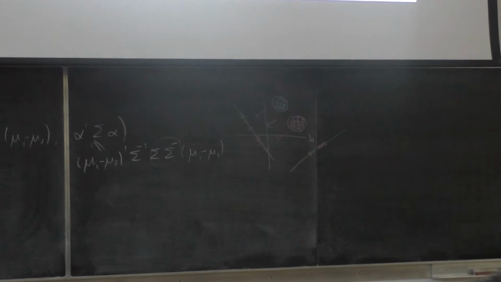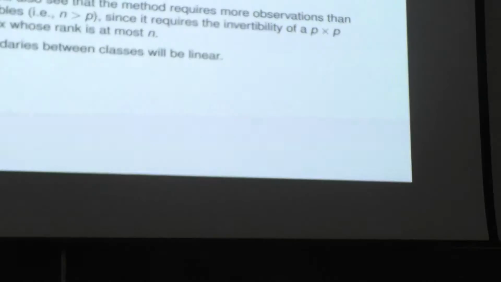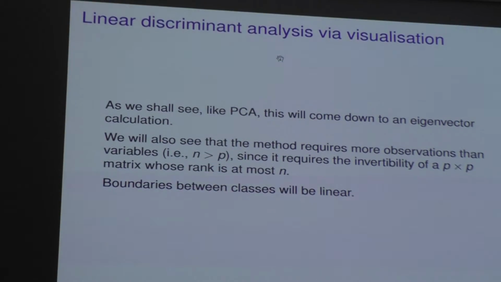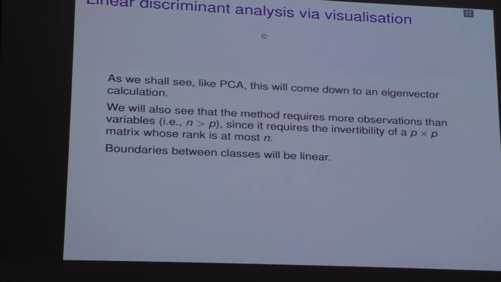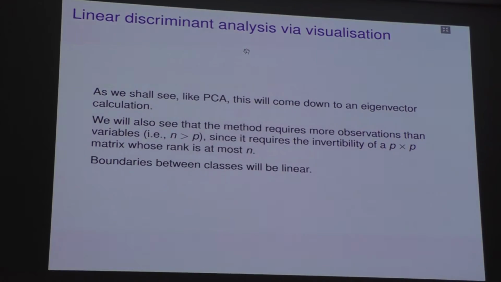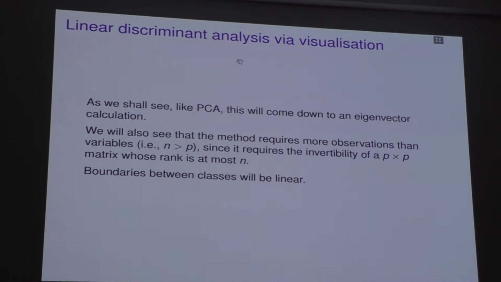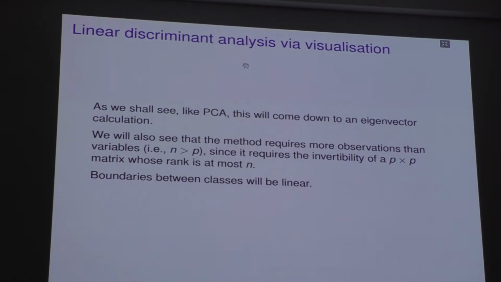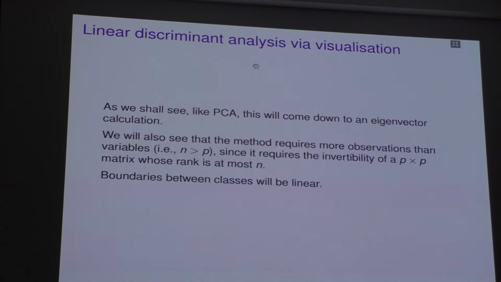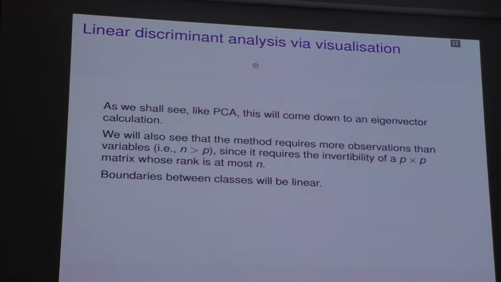So, unlike a PCA, what we're going to find is that the right direction is an eigenvector of a matrix. Well, I'll tell you the matrix. It'll be W inverse times B, where B is our between groups variance matrix and W is our within groups variance matrix.